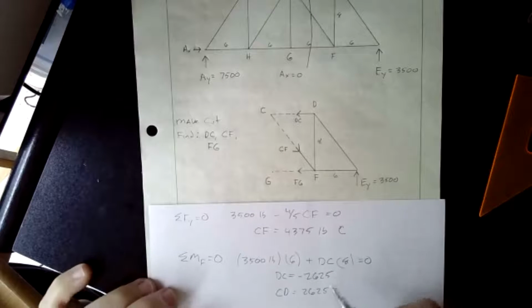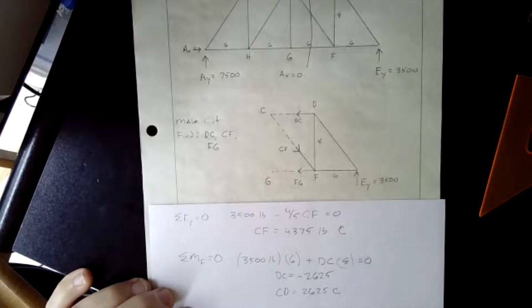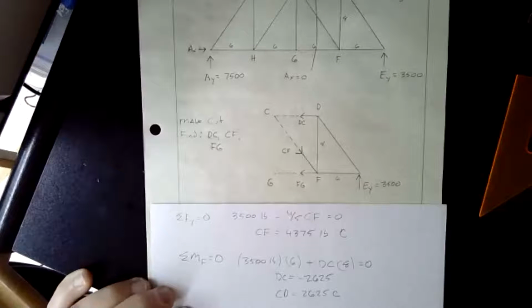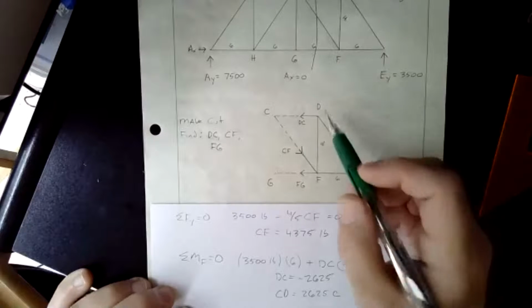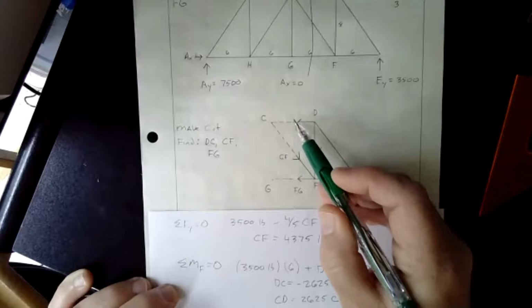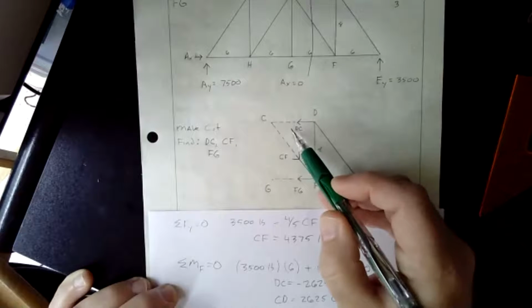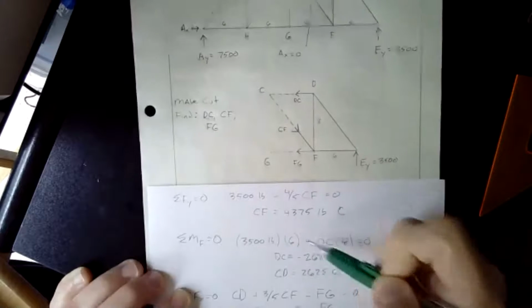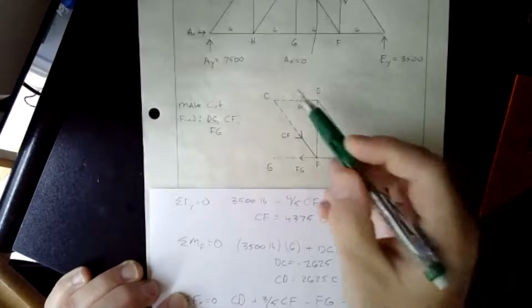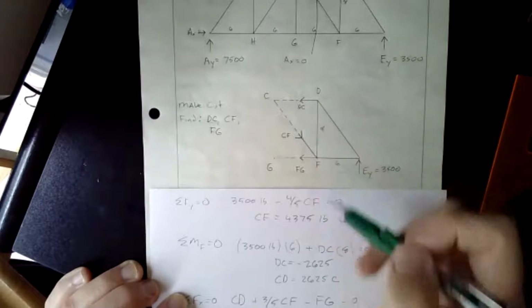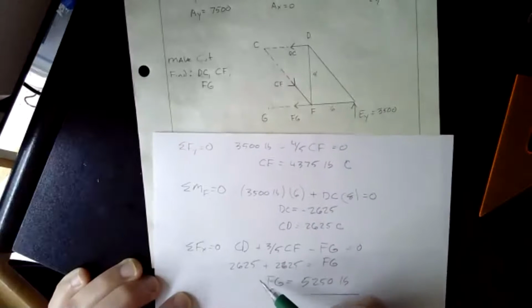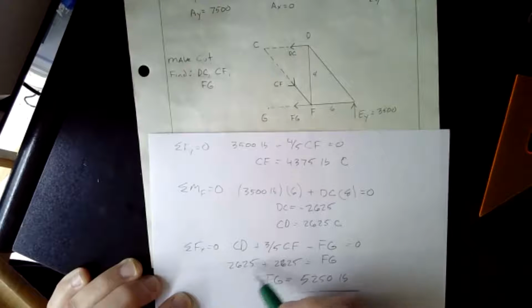For example, I've accounted for the fact that this is positive, meaning it's pointing to the right, because originally when I summed the moments about F, I assumed it was pointing to the left, but I was wrong. So if it's pointing to the right, that means that when I sum the forces, it's positive. Right?